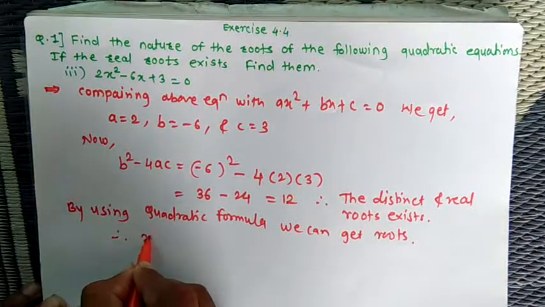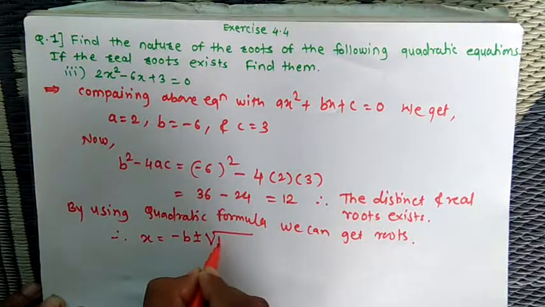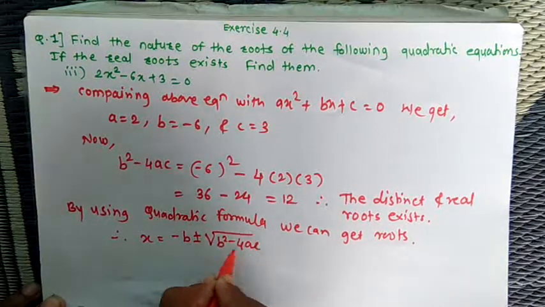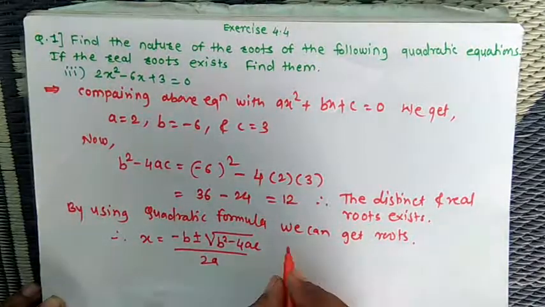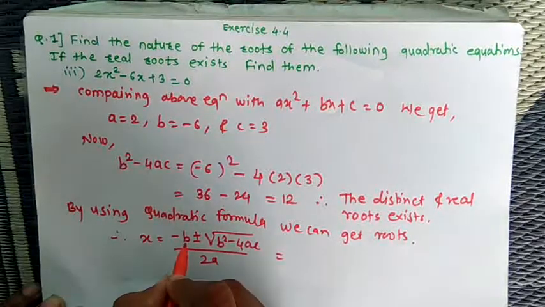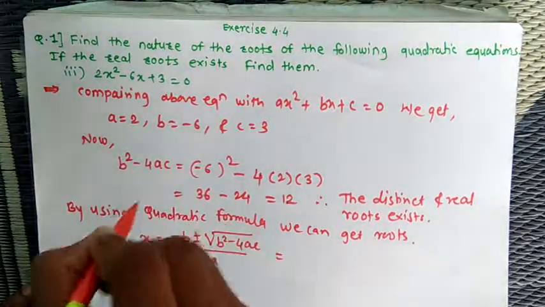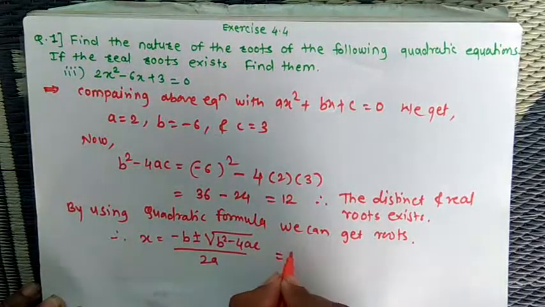Therefore, x is equal to minus b plus minus square root of b square minus 4ac divided by 2a. It is the quadratic formula. Now we will put the values. What is the b value here? B is minus 6, but in the formula there is a minus. Therefore, it will become plus.